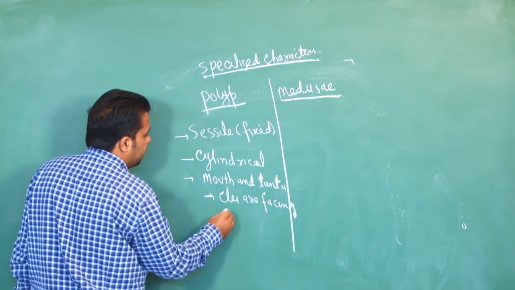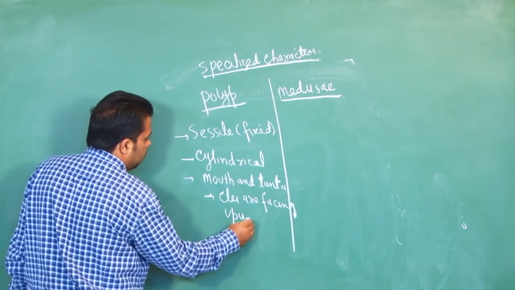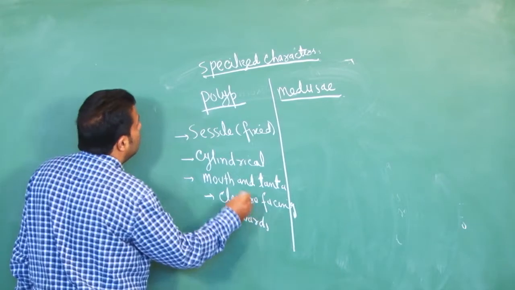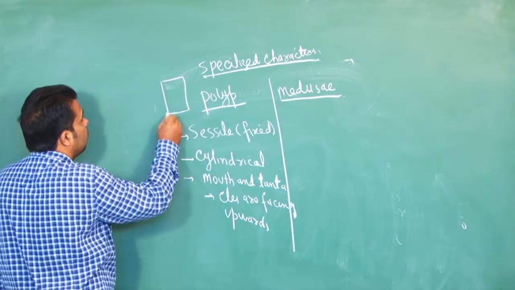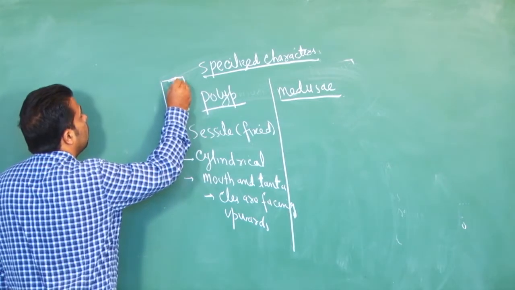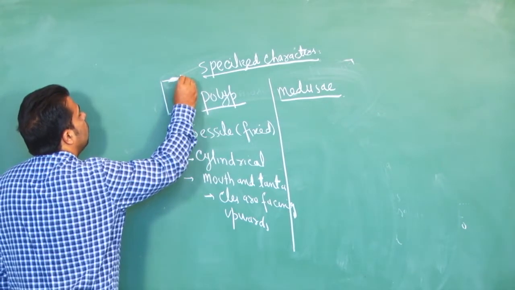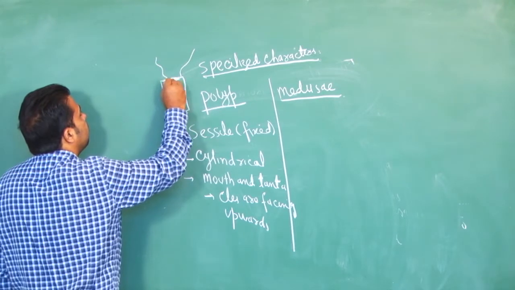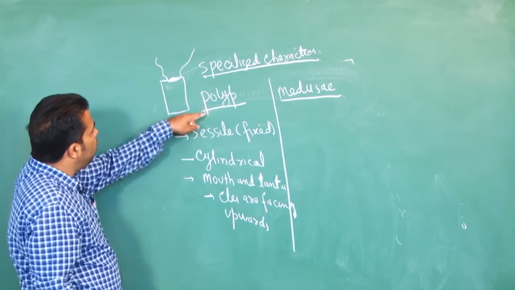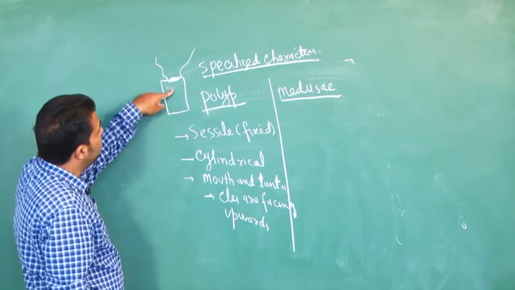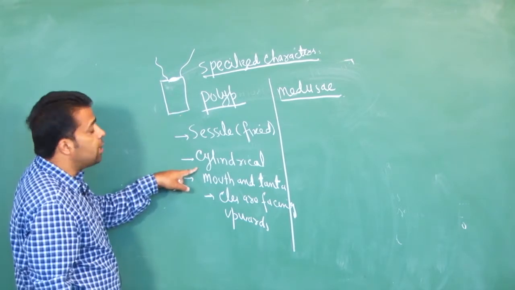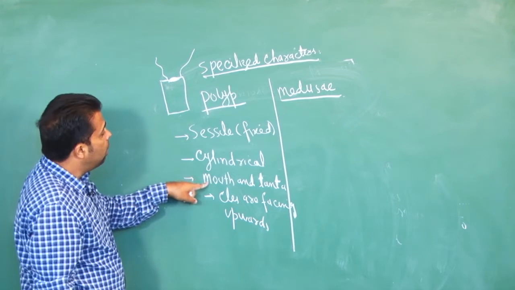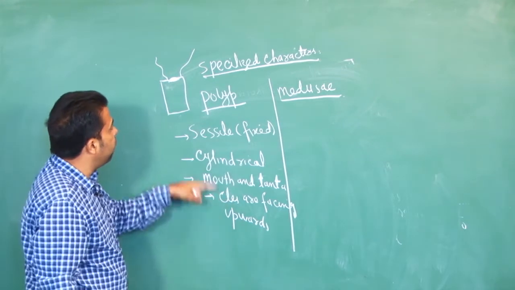The diagram is like this. For example, this is the mouth. These are tentacles. So how does a polyp look? Polyp is sessile, it's fixed. It is cylindrical, and the mouth and tentacles are facing upward.